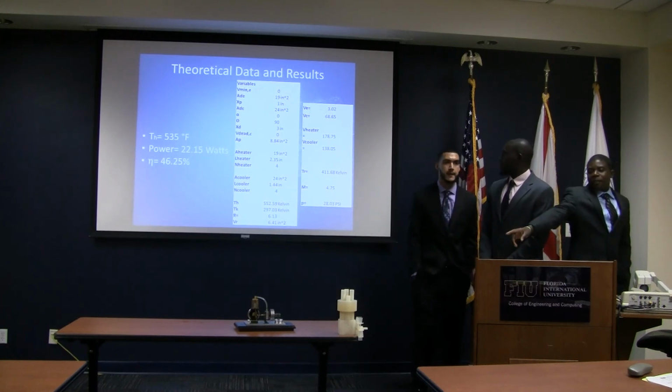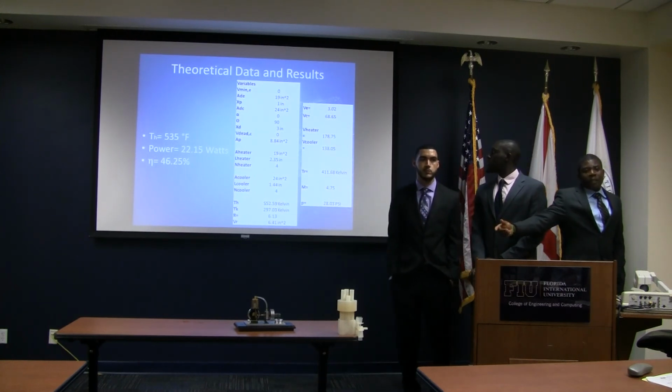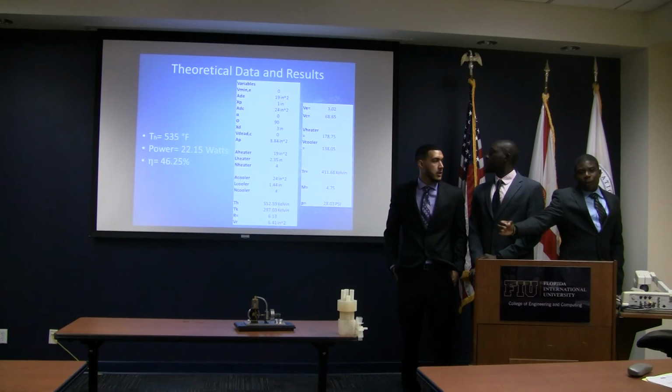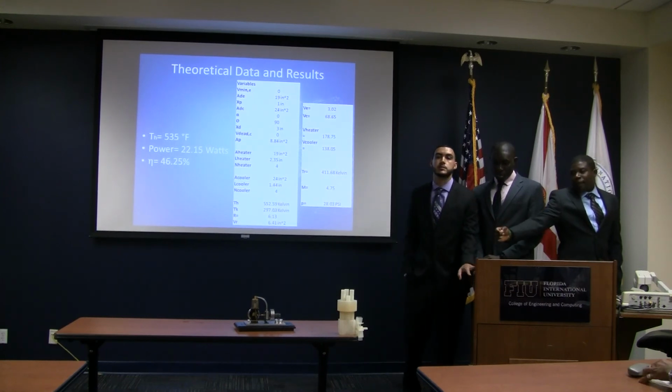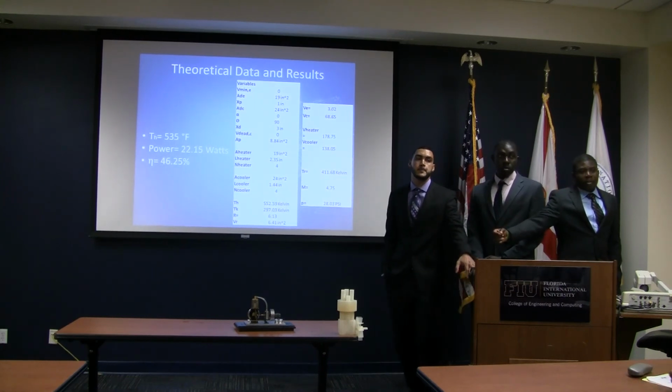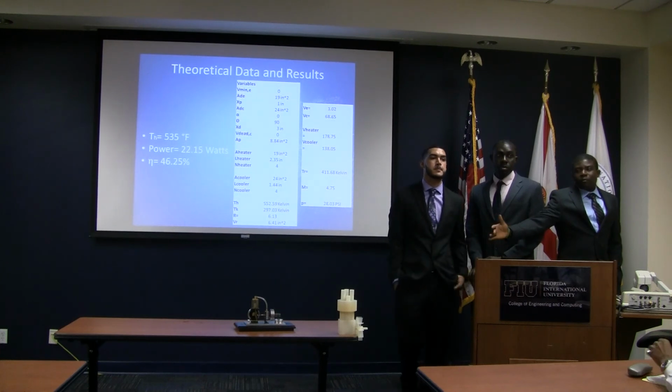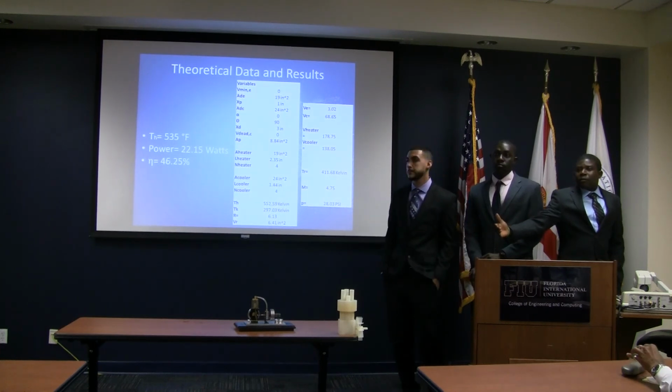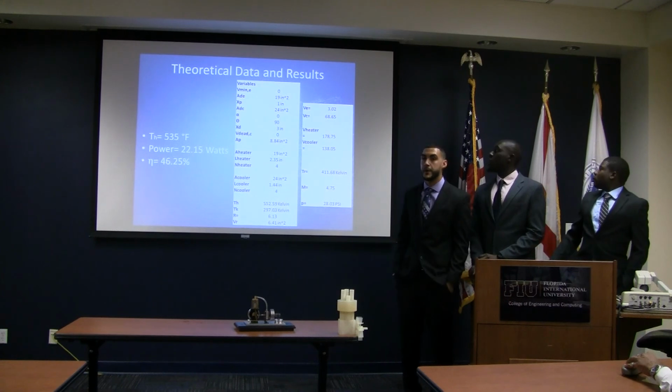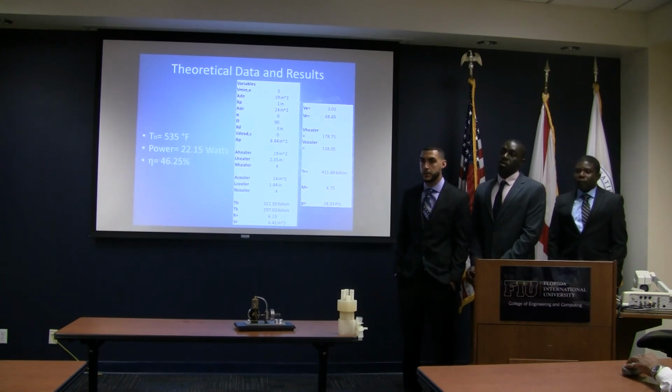The Stirling engine is known for high efficiency, but it has low reliable power. What we want to work on is that. What is the value of low? It's 22.15. That's the power, with ambient temperature.